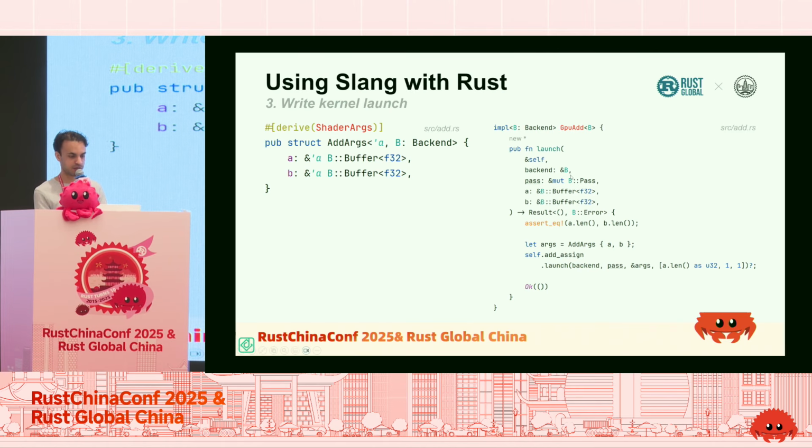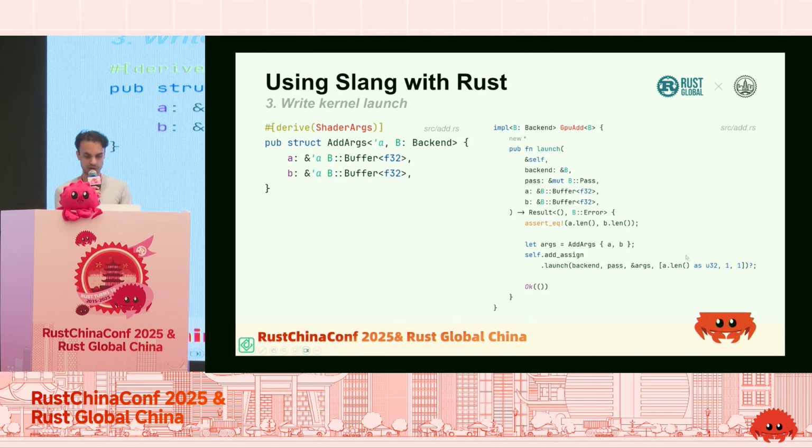And you can see here that we still have this B type parameter everywhere, which is the backend type, but you don't need to know which backend you are using to manipulate its buffer and to actually run the kernel here.